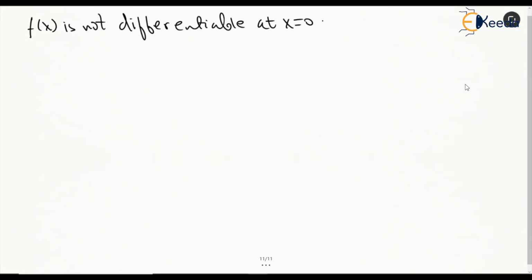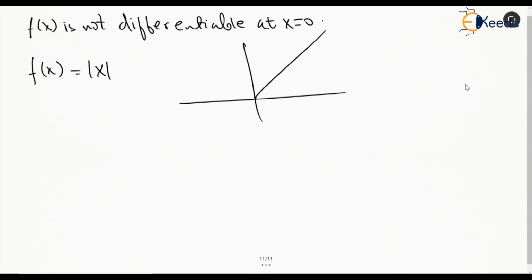Some of the time we know what is the graph of the function, or we can find what is the graph of the function, or maybe it is directly given in the form of a graph. So we know the graph of the function f of x is equal to mod x. Let's say this is mod x.